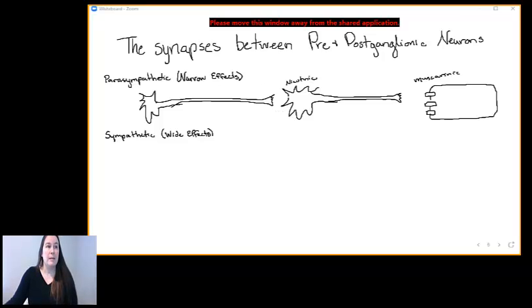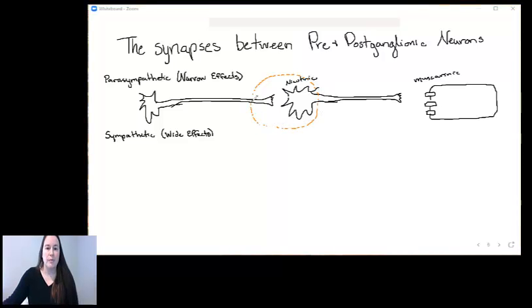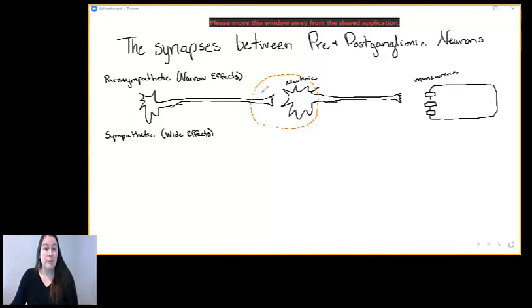So one of the things that may be important to note, something to keep our eye on, is that we're talking about the terminal arborizations of the preganglionic neuron, and we're talking about the receptors in the dendrites that attach to the soma of the postganglionic neuron. And so just to review from long ago, the neurotransmitters sit inside the terminal arborizations and are going to release neurotransmitter into the synaptic cleft between the preganglionic neuron and the postganglionic neuron.